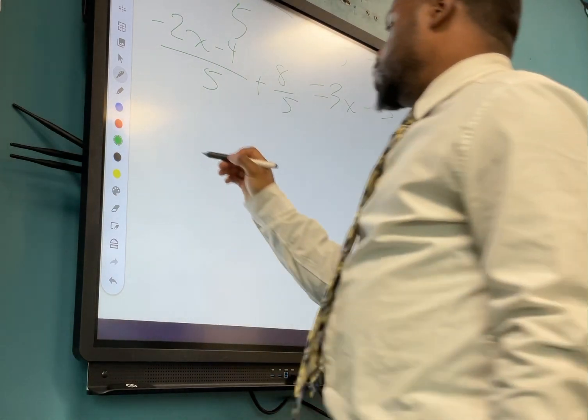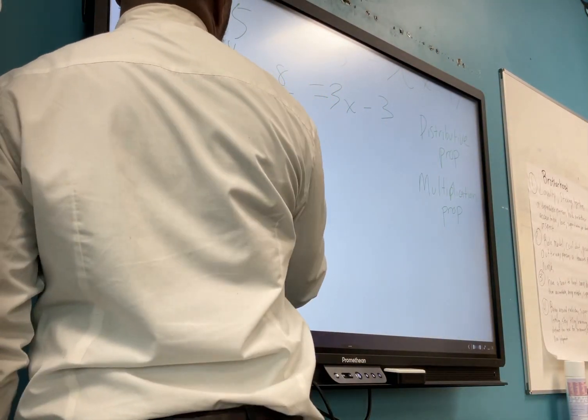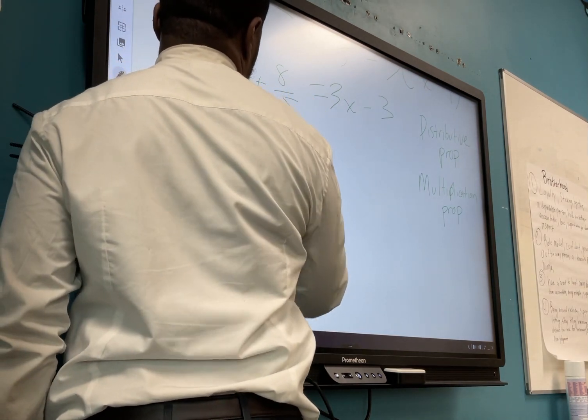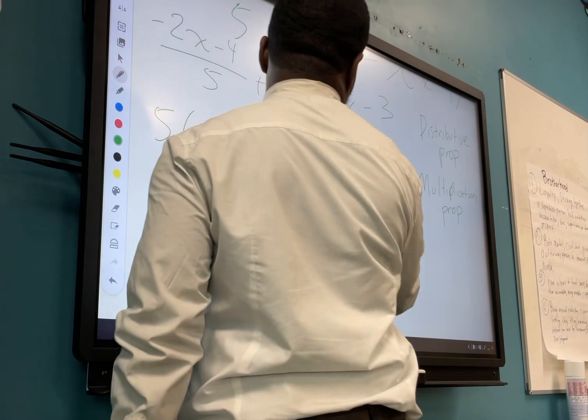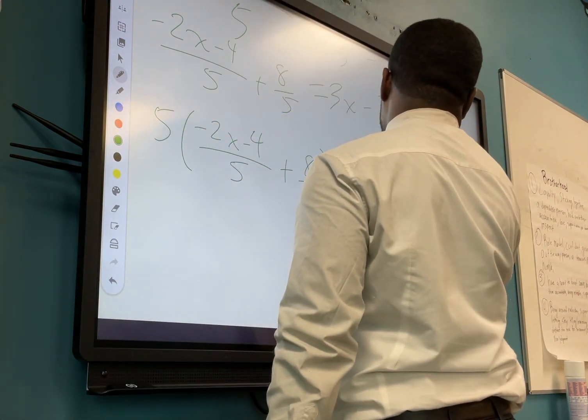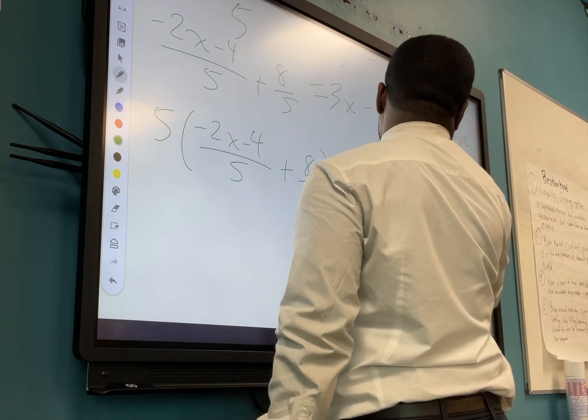And typically, whatever you do to one side of the equation, you have to do to the other. So we're gonna have 5 times negative 2x minus 4 all over 5 plus 8 over 5, is equal to 5 times 3x minus 3.